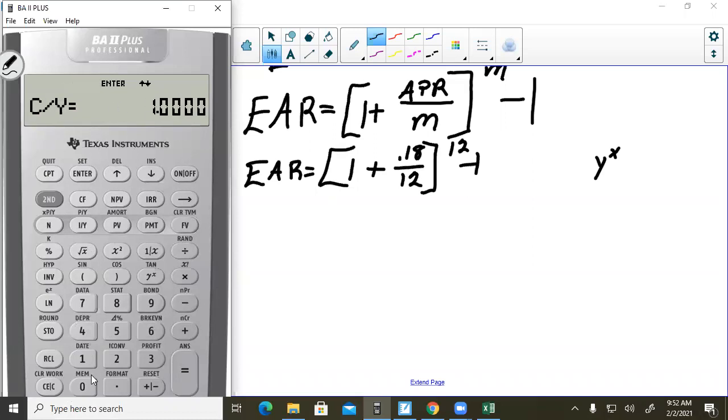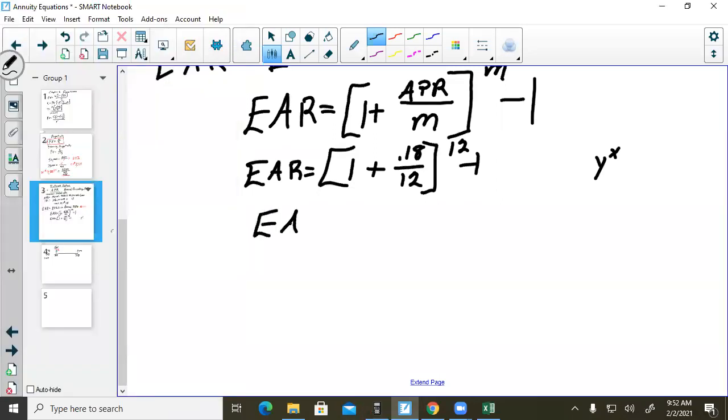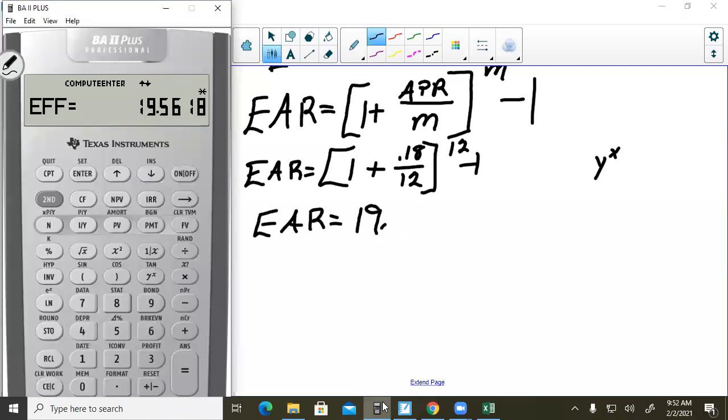Compounding periods per year, 12, because it's monthly, okay? And then I just need to compute my effective rate. So if this is Malcolm's loan, he's not actually paying 18%. Over the course of the year, he's paying the effective rate, 19 point, what was that?